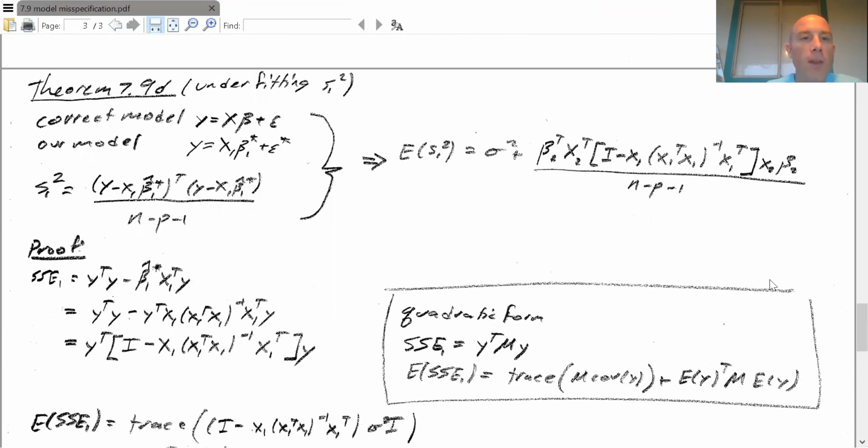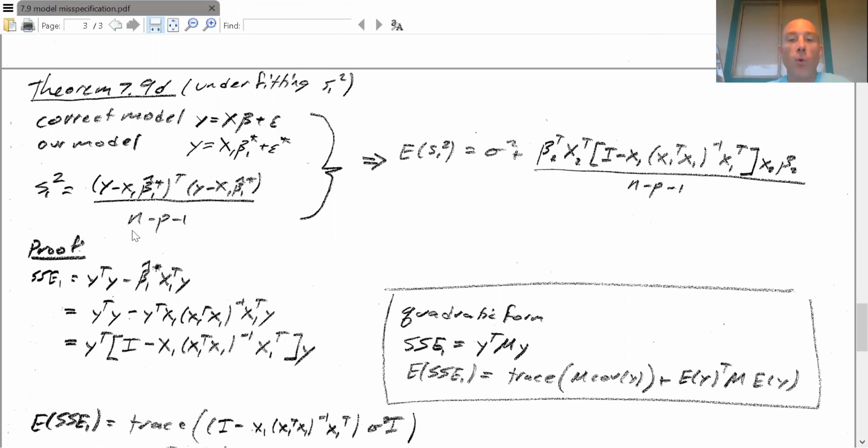All right, so now let's take a look at what happens if we underfit and our variance estimate. So let's say that y is equal to x beta plus epsilon, but we use a reduced model. So we're missing something. We're missing the x2s. All right, well, this x of 1 squared is going to be my actual estimate on the variance.